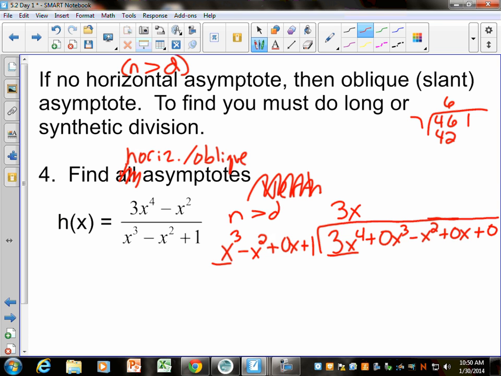So 3x times x cubed is 3x to the 4th. 3x times negative x squared is negative 3x to the 3rd. 3x times 0x is 0x squared. And 3x times 1 is 3x. If your exponents don't line up, it just means you forgot to fill 0 in. And then you can just be like, why doesn't that line up? Oh, I got to fill 0 in.